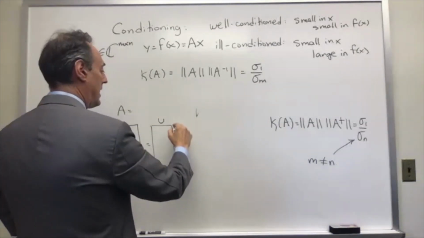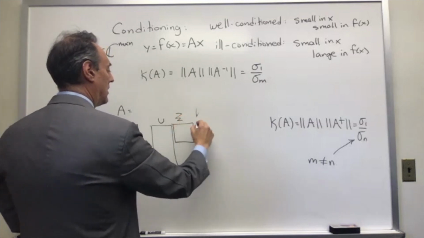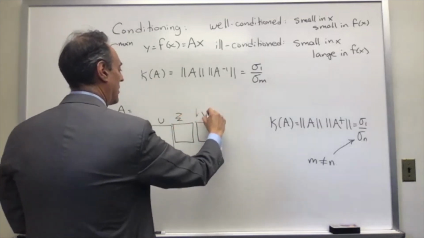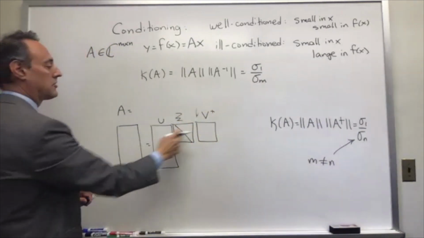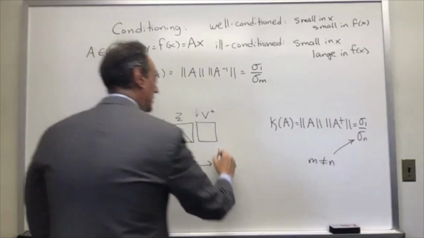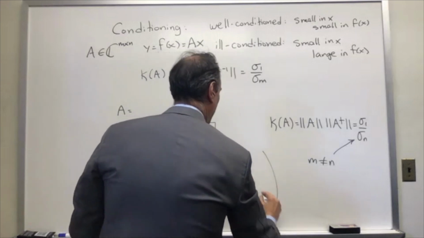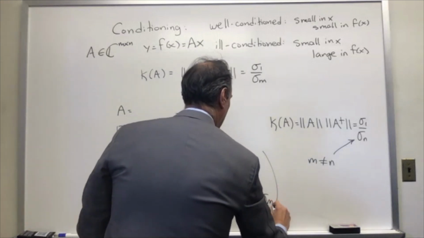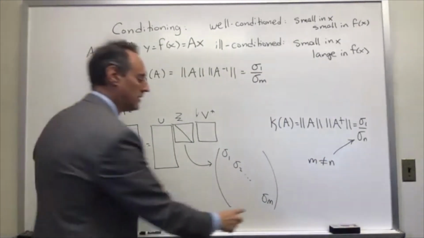U, right? And I get the sigma matrix and V star. And that's diagonal. These are unitary. Let's talk about this matrix in particular. Actually, it goes to sigma n.